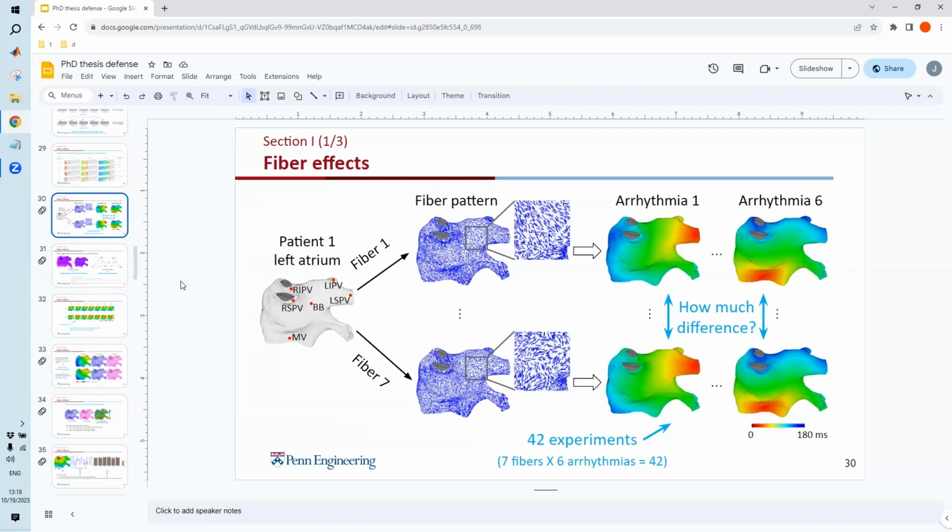And then for why we register fibers, because we could just use the original atrium and its intrinsic fiber to do that, right? That's another option. But if we go on that route, then we have to somehow develop a way to compare based on different geometry. So how do we calculate the error in between?